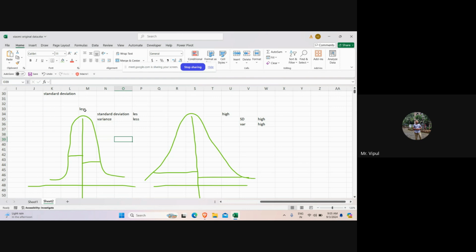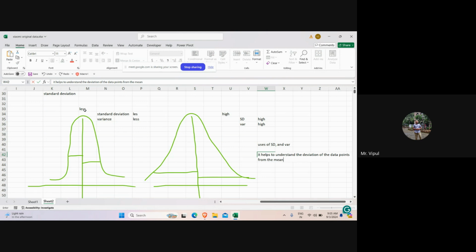See, why do we use standard deviation and variance? Because it helps to understand the deviation of the data points from the mean, right?